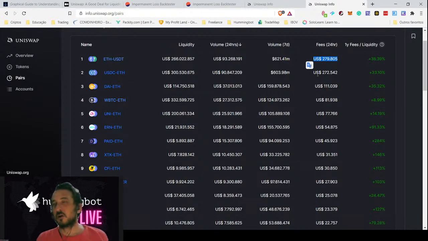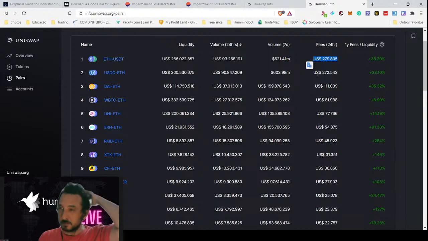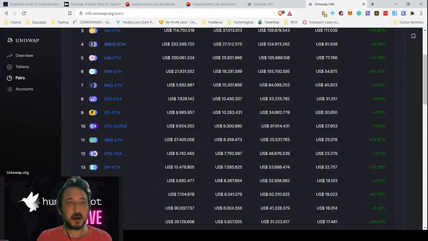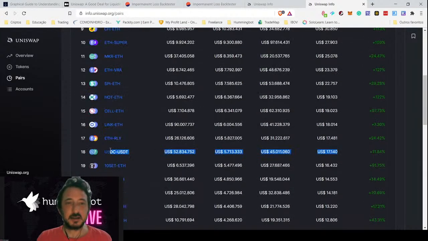So the liquidity you added to the pool is going to provide more return in trading fees, right? But if you look at USDC, you reduce your impermanent loss risk, but you receive way less trading fees.